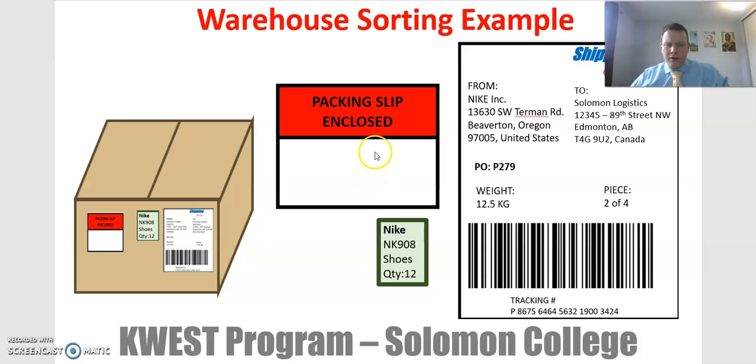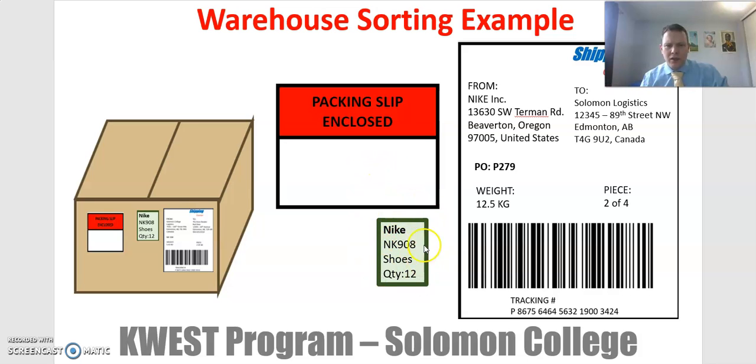The third item that you'll be looking at is the product label. So on the packing slip, it'll tell you the supplier, and it'll tell you the product or part that you are receiving and the quantity.